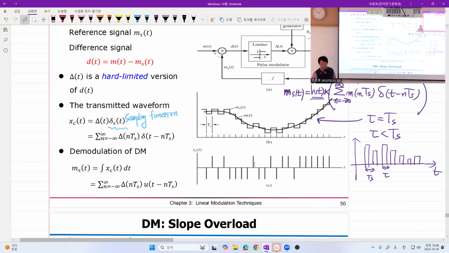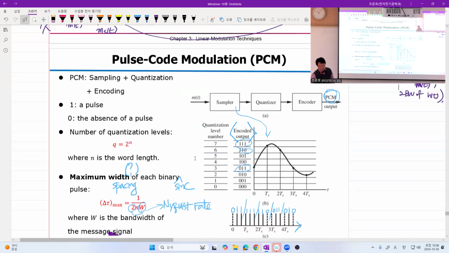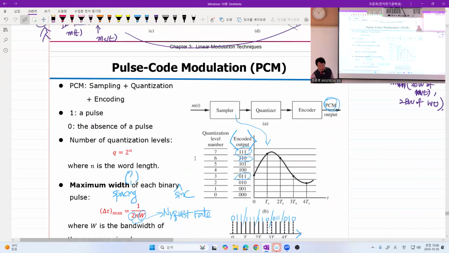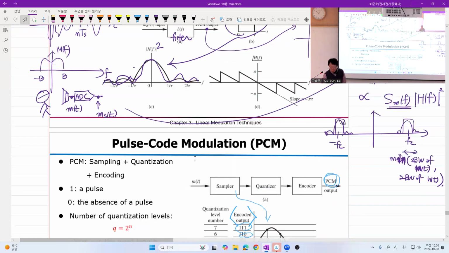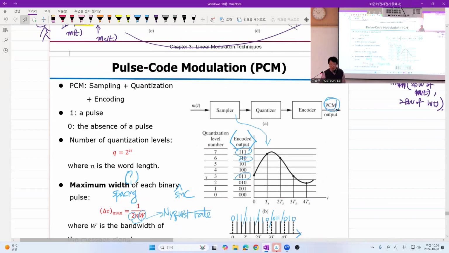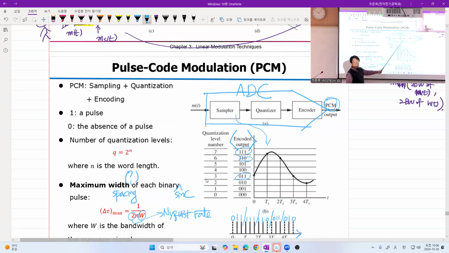And then we may transmit using linear modulation technique. By the way, this A to D converter has some substructure. As you learned in some courses, it consists of first the sampler, second the quantizer, and third the encoder. And you need to know the function of each subblock.